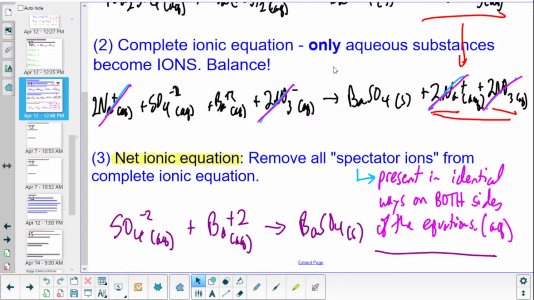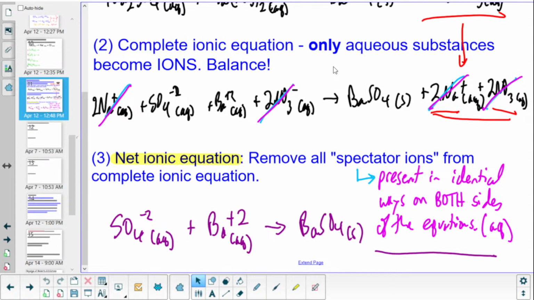Ca 2 plus is low solubility with SO4. NO3 is nitrate, and SO4 is sulfate. Look at your solubility table. Everything else is soluble.